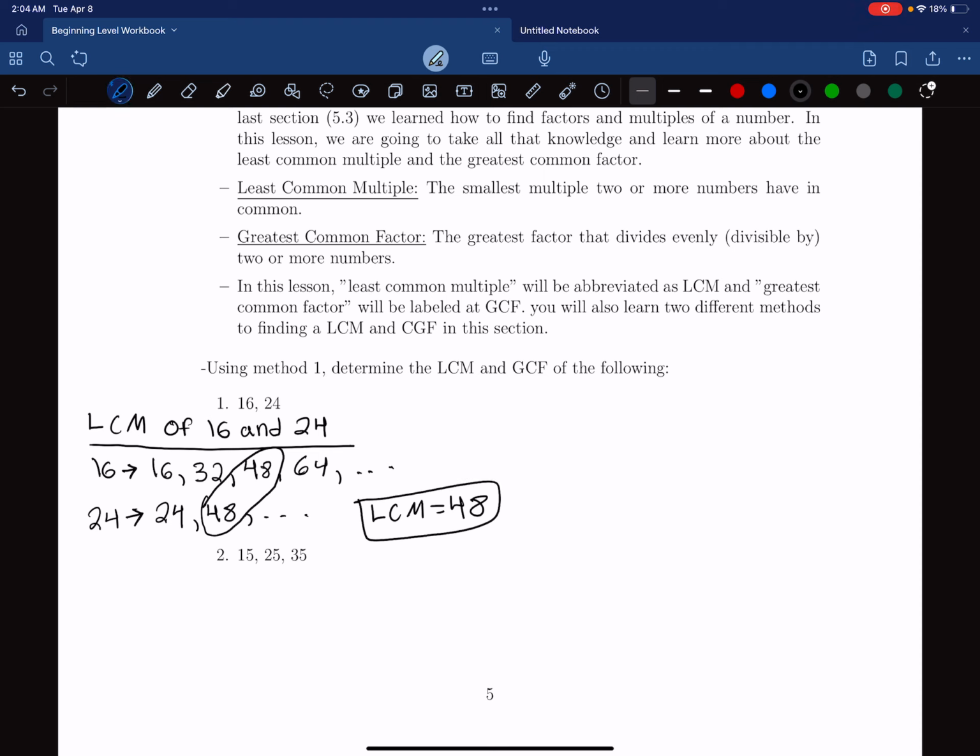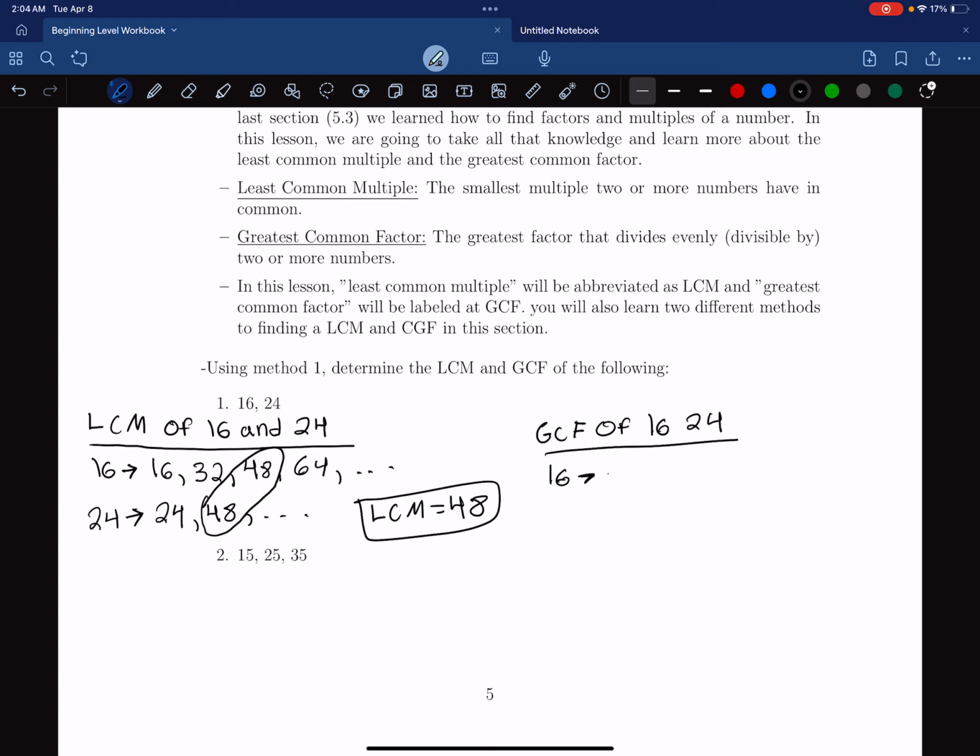And then our greatest common factor of 16 and 24 are as follows. So instead of finding each multiples individually, here we're going to find the factors of each number individually.